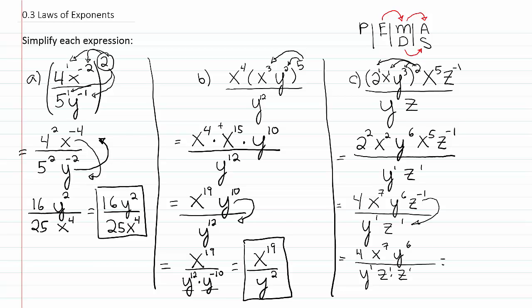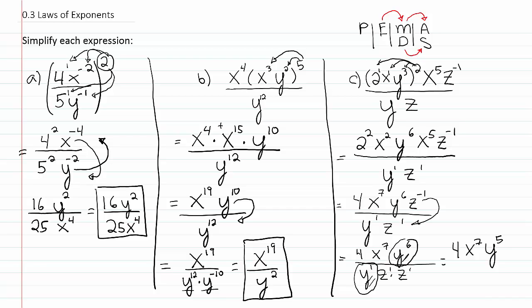Now let's just finish this up in one more step. I'm going to write it then as 4x to the 7th. Now with this y to the 6th, I realize that I'm dividing in the denominator by a y to the 1, so the y to the 6 and the y to the 1 can be simplified to say 6 minus 1, or in other words 5. Remember, when you're dividing two terms with a common base like this, we're going to subtract the exponents.